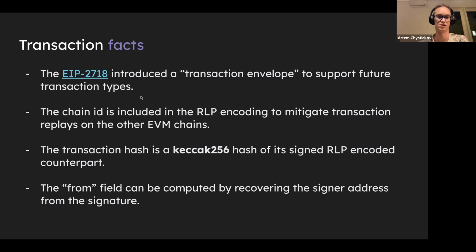The chain ID is included in the RLP encoding to mitigate transaction replay on other EVM chains.